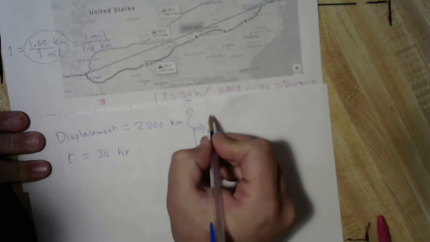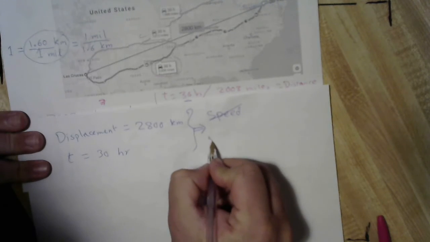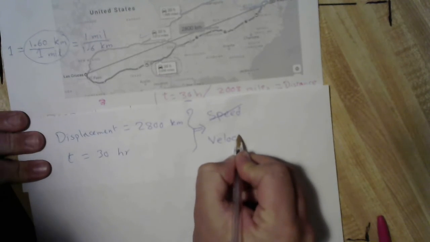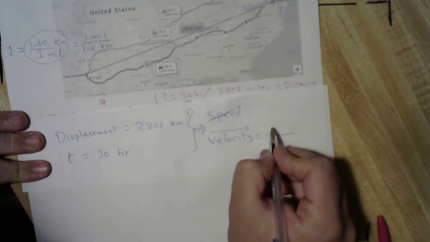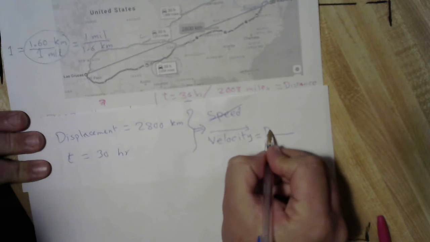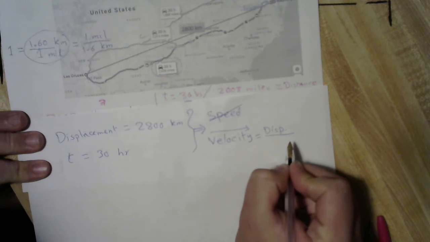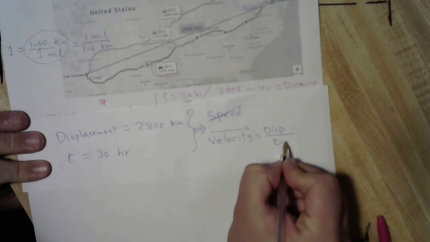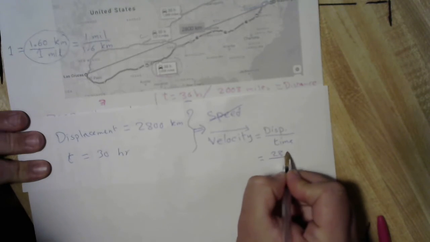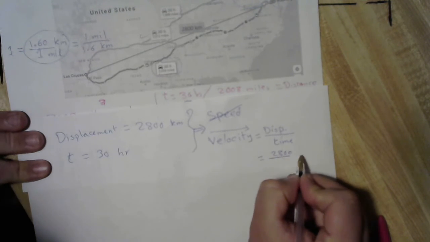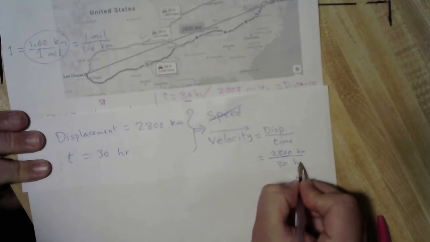In this case, I will not calculate the speed. I will calculate the velocity, which is a vector quantity, which is equal to the displacement divided by the time, which is equal to 2,800 kilometers divided by 30 hours.